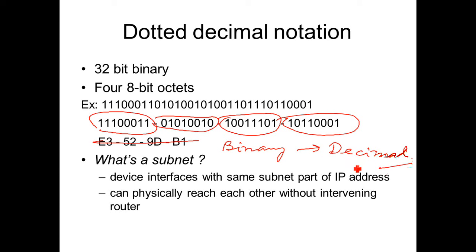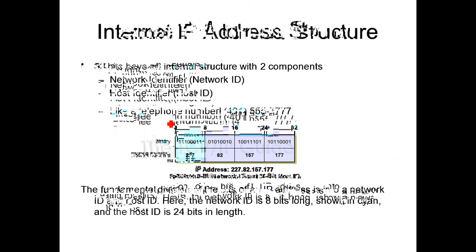We will learn this. So generally this is a 32-bit binary address, and we represent it with dotted decimal. We'll talk about subnet later.